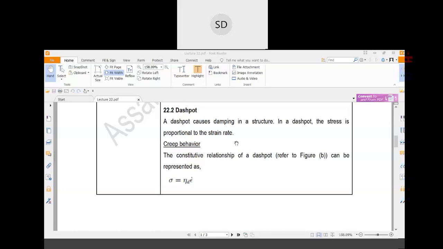In the dashpot, rate of strain would be proportional to stress, or stress would be proportional to rate of strain. In the spring case your stress is proportional to strain, but for the dashpot your rate of strain is proportional to stress.